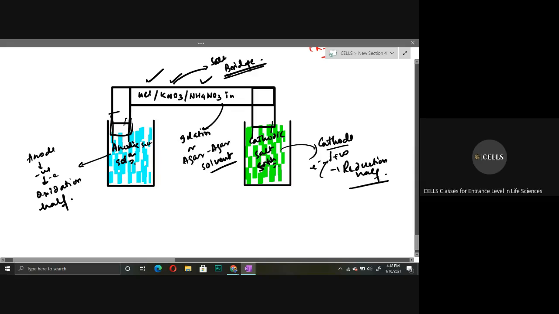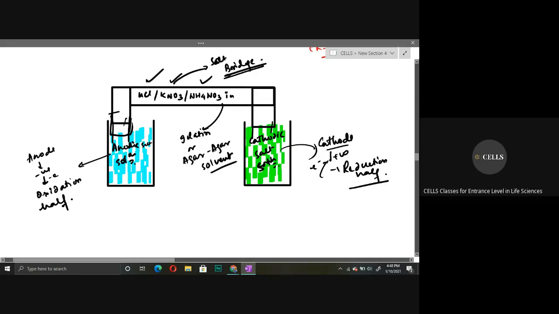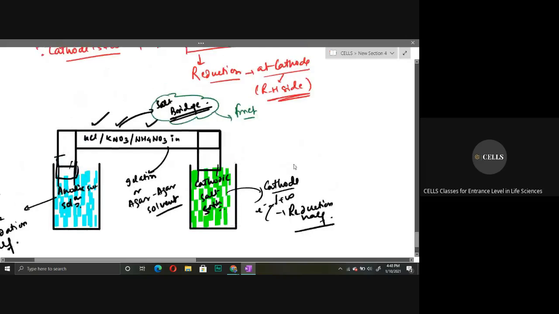Now you need to remember one important point: what is the function of this salt bridge? Why is this salt bridge so important? It has three important functions. Just write it down.